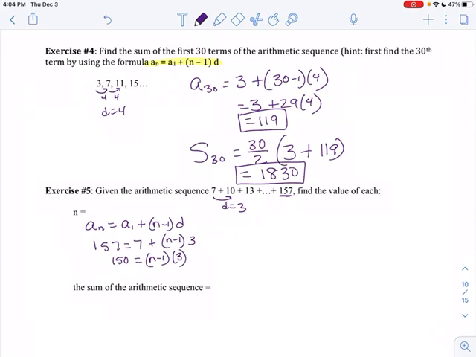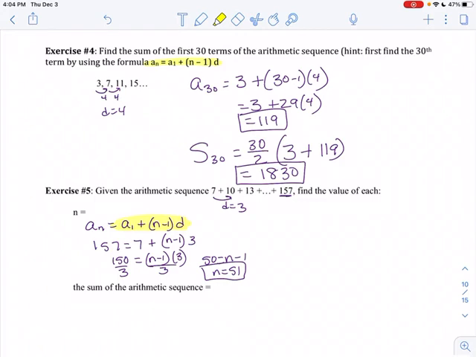Remember, I'm trying to solve for n. I want to find out how many terms there are. So I'm going to divide by 3. So I got 50 equals n minus 1. So n equals 51.